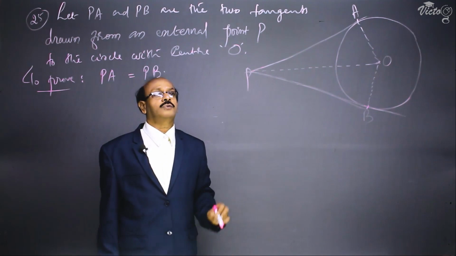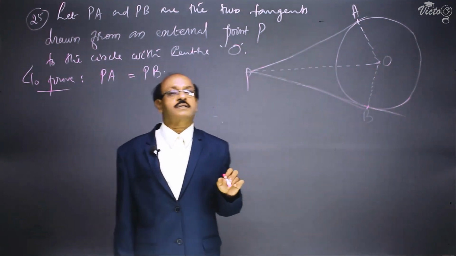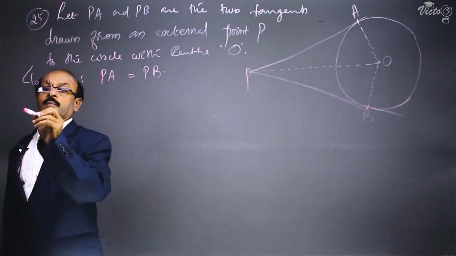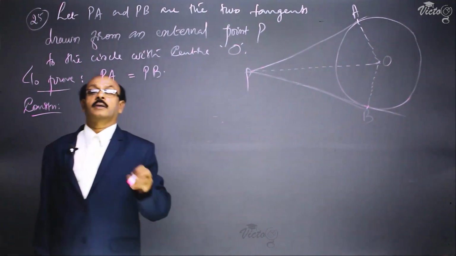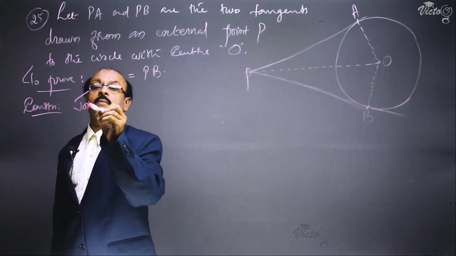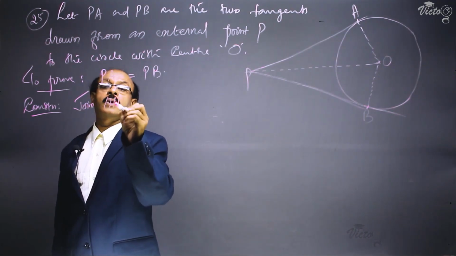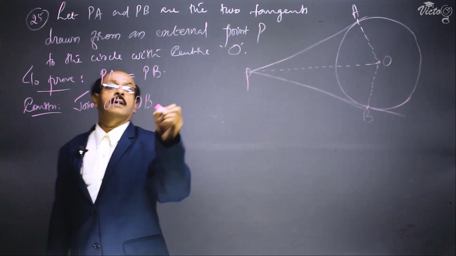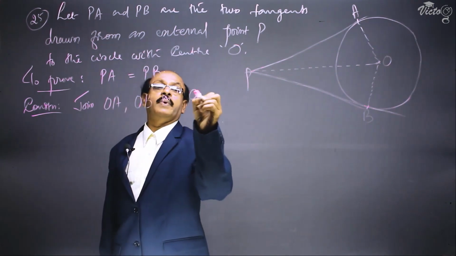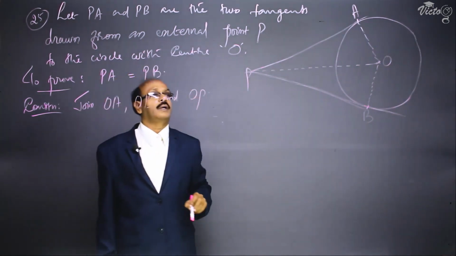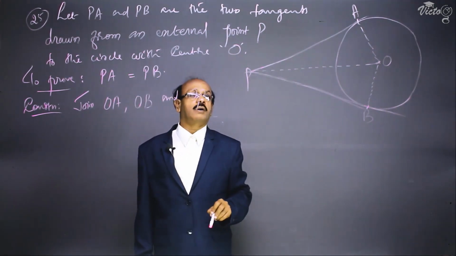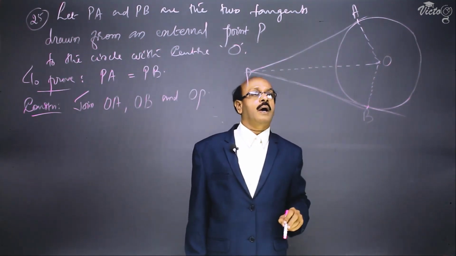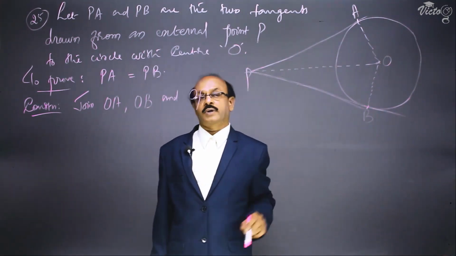For that, we have to make a small construction. Join OA, OB and OP. Now we are getting two right triangles PAO and PBO because the tangent PA and the radius OA are perpendicular to each other.